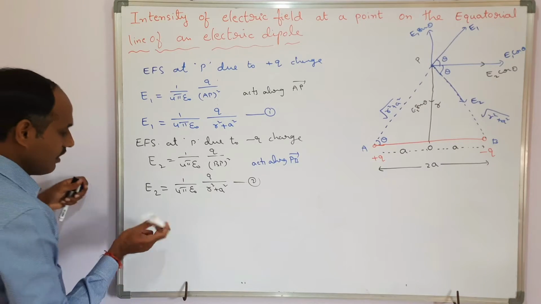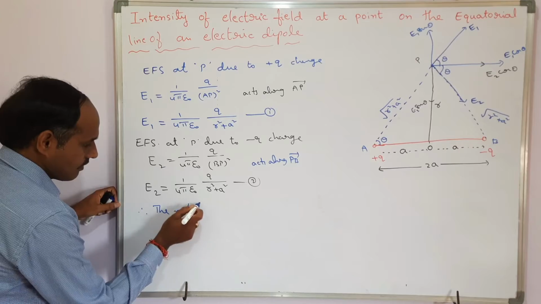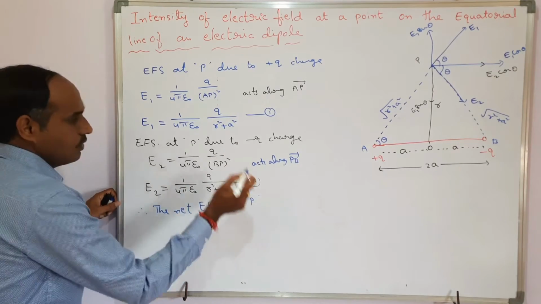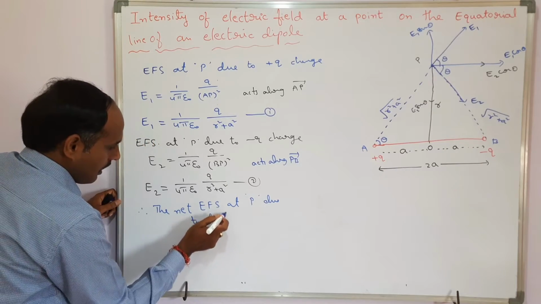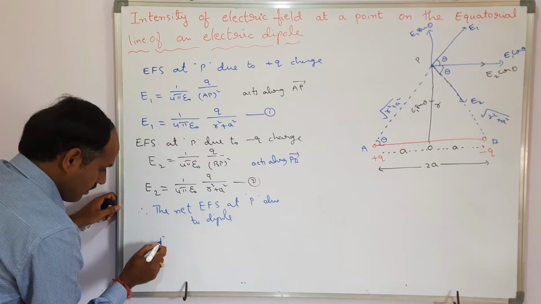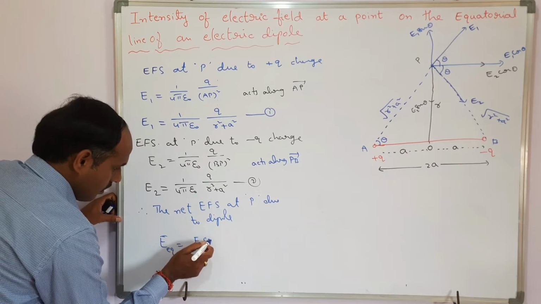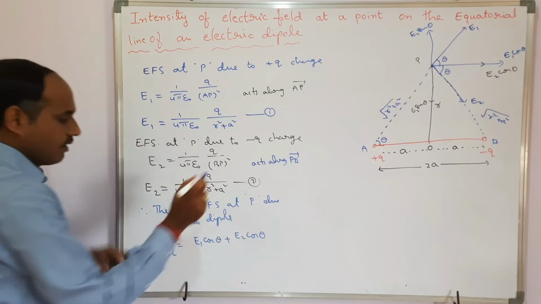Therefore, the net electric field strength at P due to the dipole can be obtained: E net, which is nothing but E on the equatorial line, is E1 cos theta plus E2 cos theta.